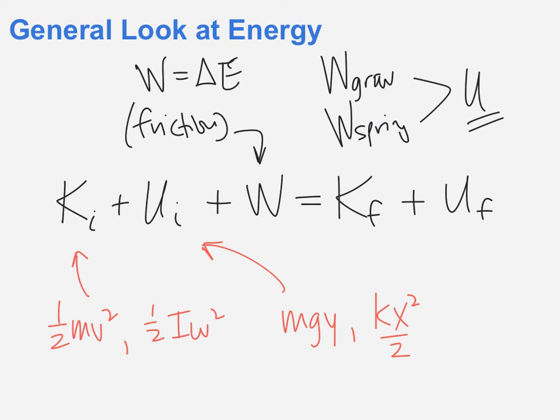Okay, so now we can handle a whole mess of other situations involving energy. And again, in many situations, energy is completely conserved, and so this is going to be able to be dropped, and we're just using the conservative values on both sides.